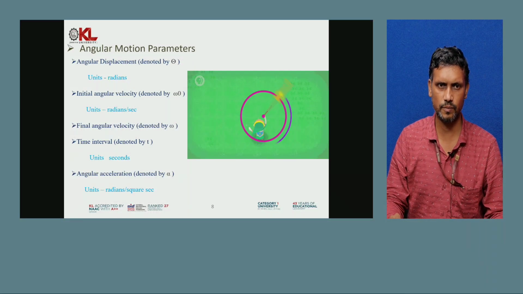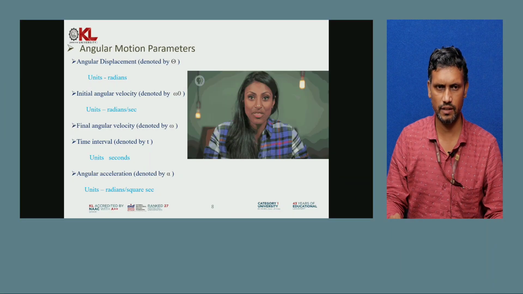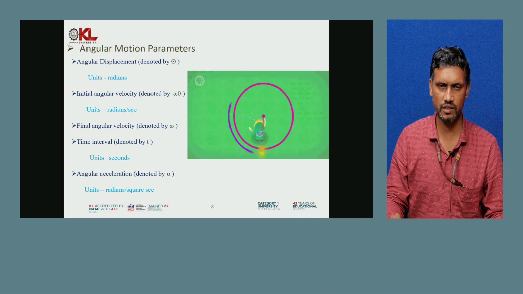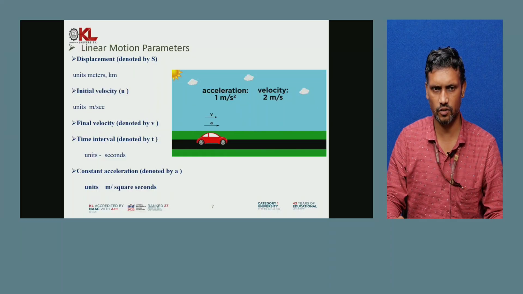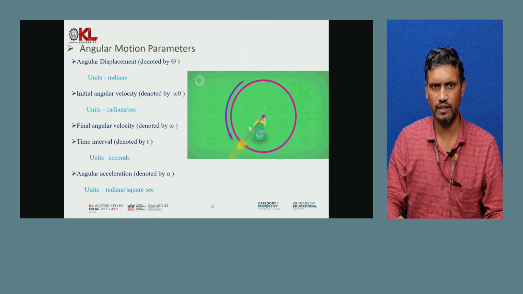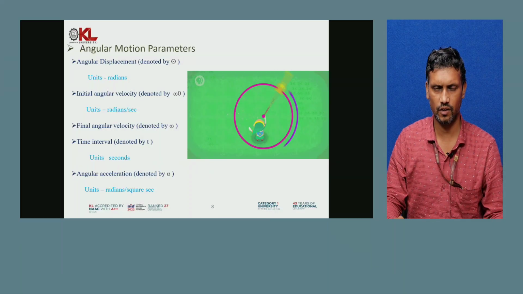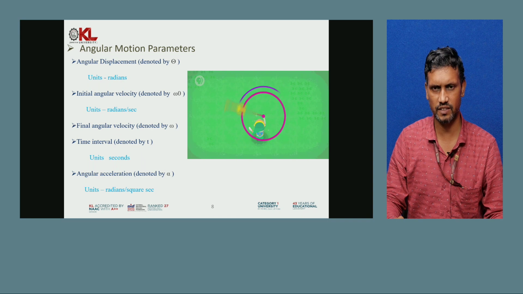So in place of displacement it is angular displacement, in place of velocity it is angular velocity. In the same way, time interval is common, acceleration here is angular acceleration, and notations are also different. In the previous case, displacement is represented by s, initial velocity u, final v, time interval t, constant acceleration a. Here theta, omega 0, omega and alpha represent them. Here the quantities are in radians, there it was in meters.